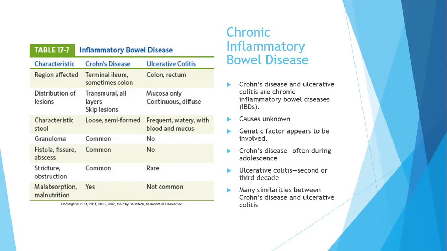There appears to be a genetic factor involved. Ulcerative colitis tends to show up later in life, in the second or third decade. There are lots of similarities between Crohn's disease and ulcerative colitis, if you look at this chart from the book. But they can be very disruptive to your life, basically.